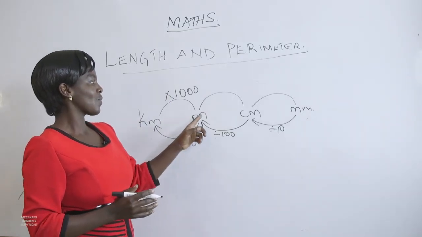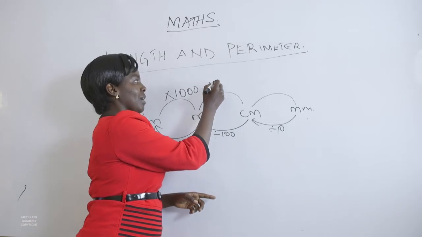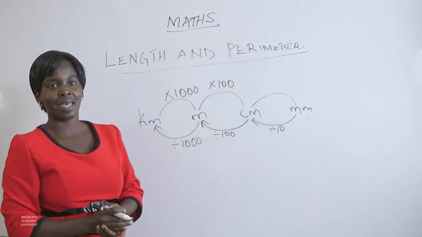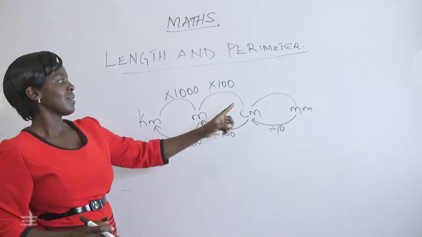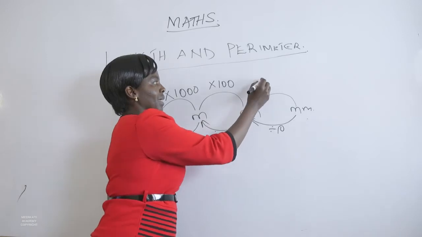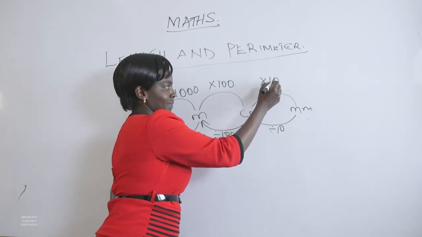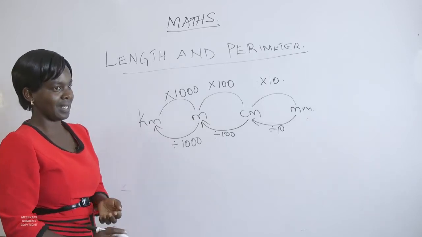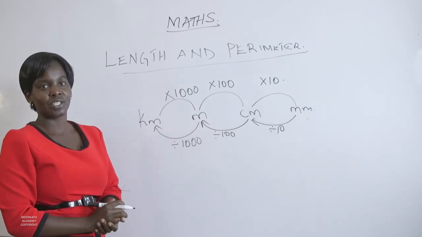It will be the same case with meters: we multiply by 100. And from centimeters to millimeters, we multiply by 10.